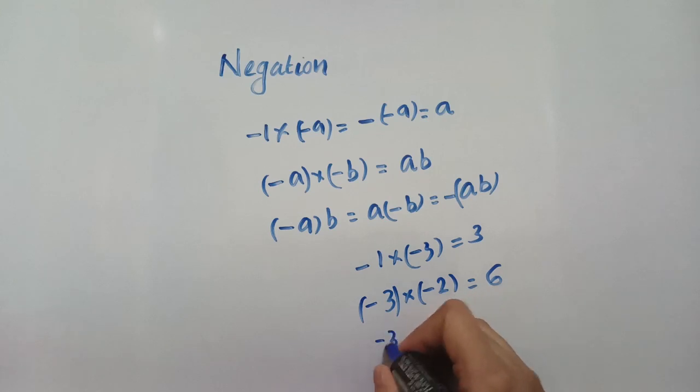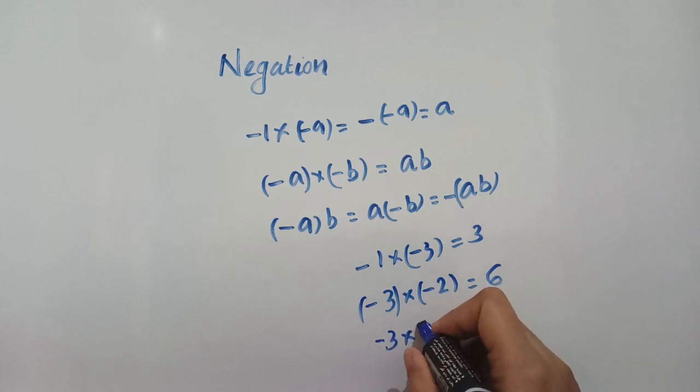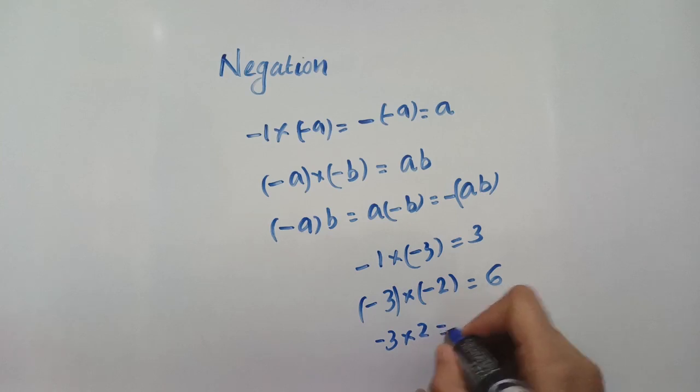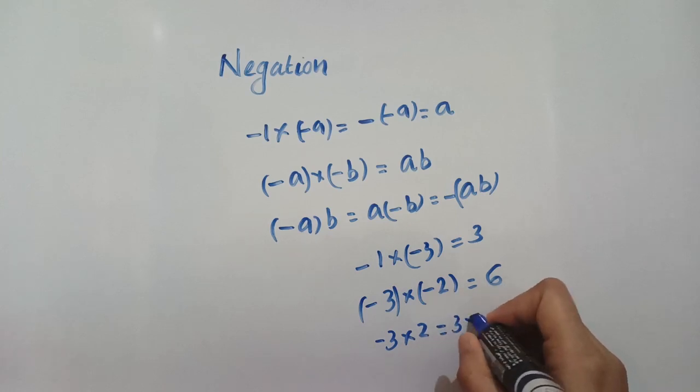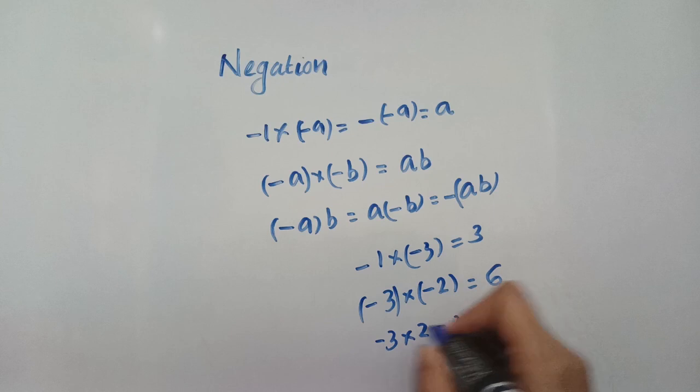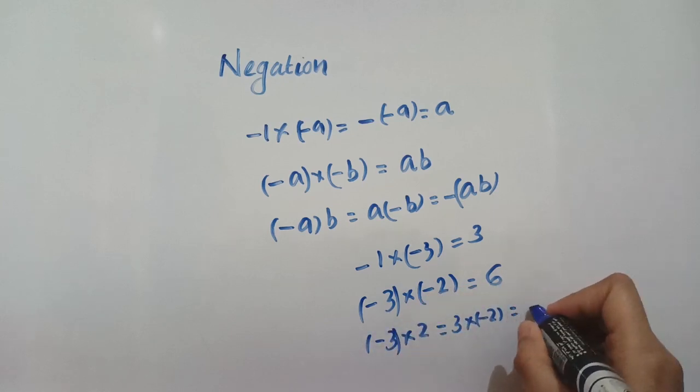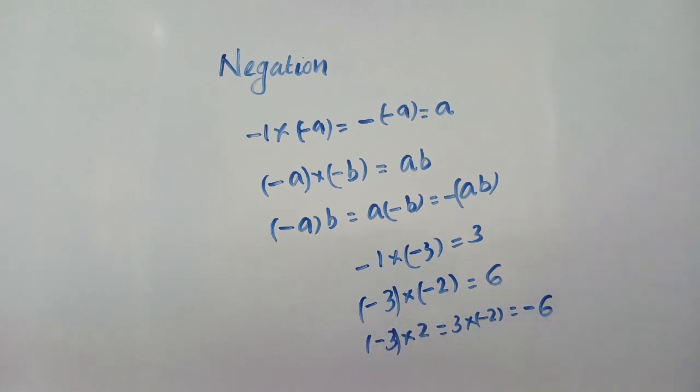Next, minus 3 into 2 is equal to 3 into minus 2, which is equal to minus 6. The answer is negative. That's all about real numbers and their properties.